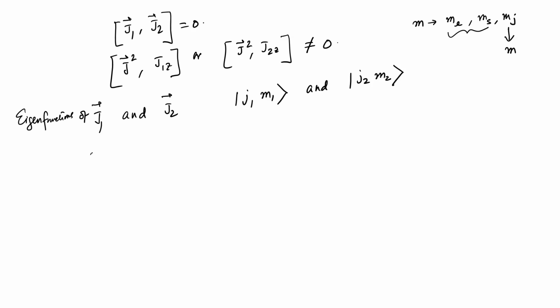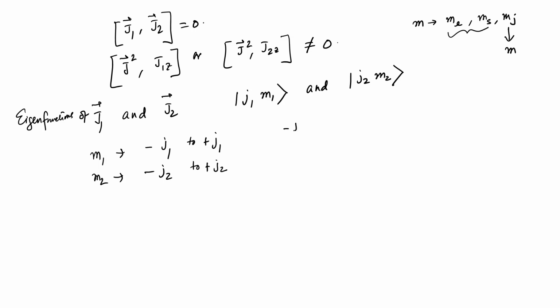Alright. So, J1 will have some values which are integer values, and then M1 will have values from minus J1 to plus J1 through 0, and M2 will have values from minus J2 to plus J2, through 0.